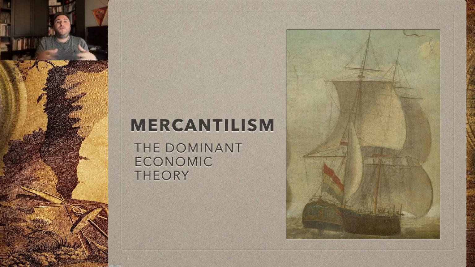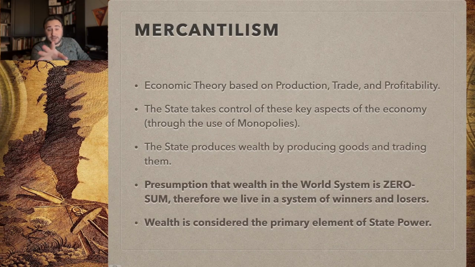We need a new economic system built on money, built on wealth, something that the countries of Europe find themselves suddenly flush with. So, mercantilism as an economic theory bases itself on three main points: production, trade, profitability. Production, trade, profitability. Namely, things are produced to sell for profit.